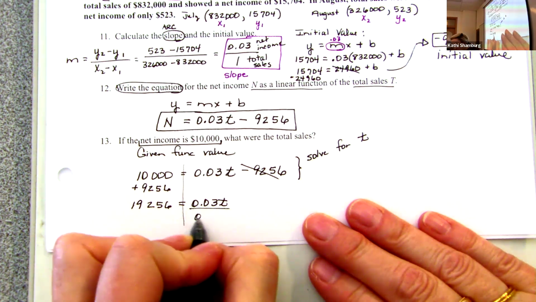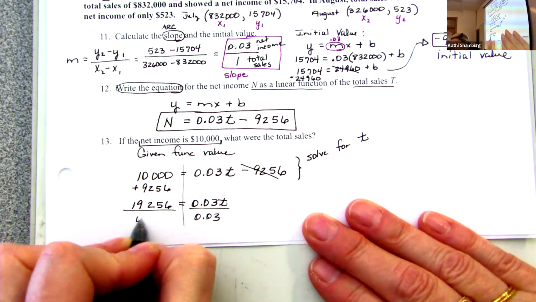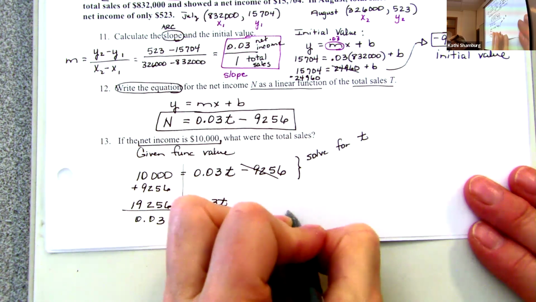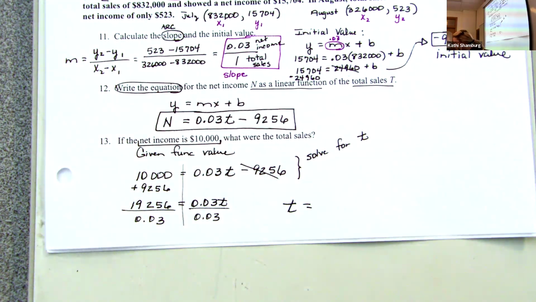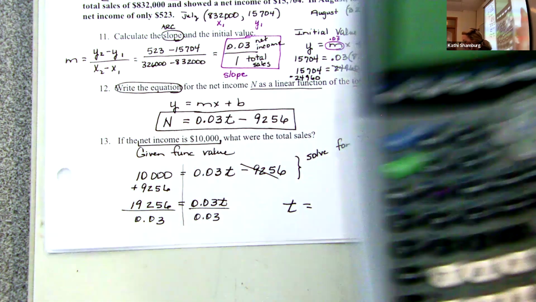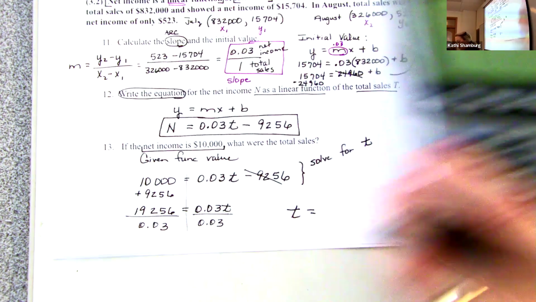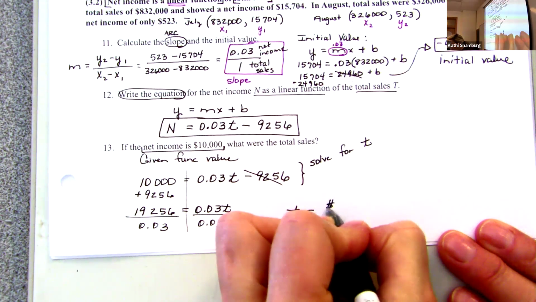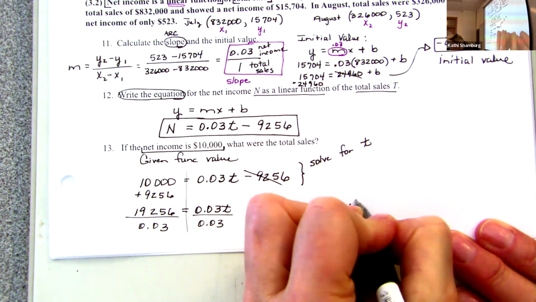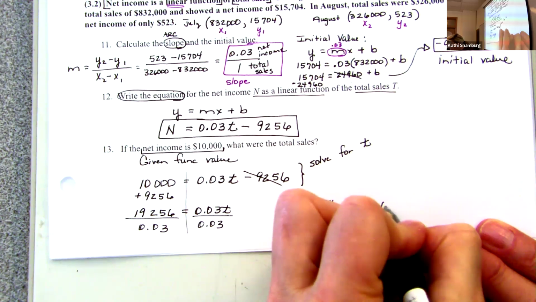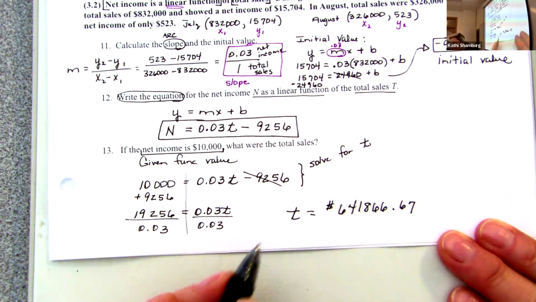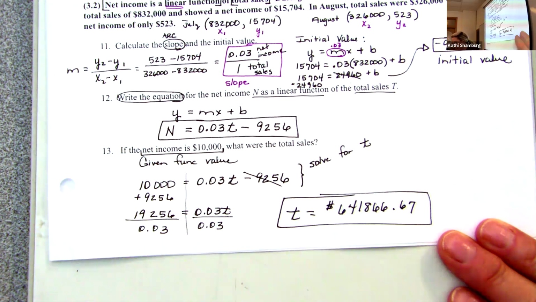Divide, so we're going to divide both sides by 0.03. Is that what you guys got? Yeah. Okay, we're talking money. So 641,866.67. Total sales.